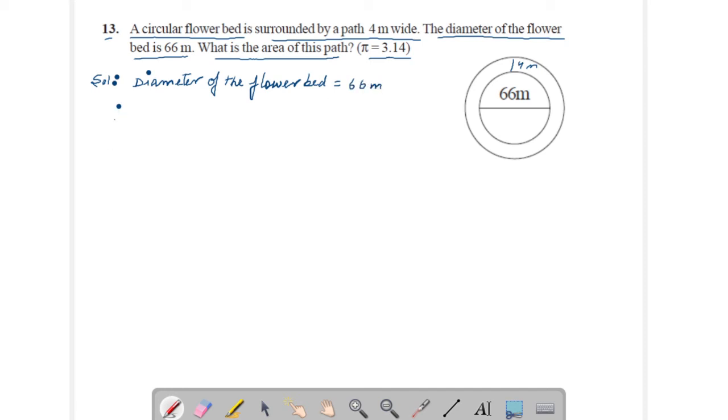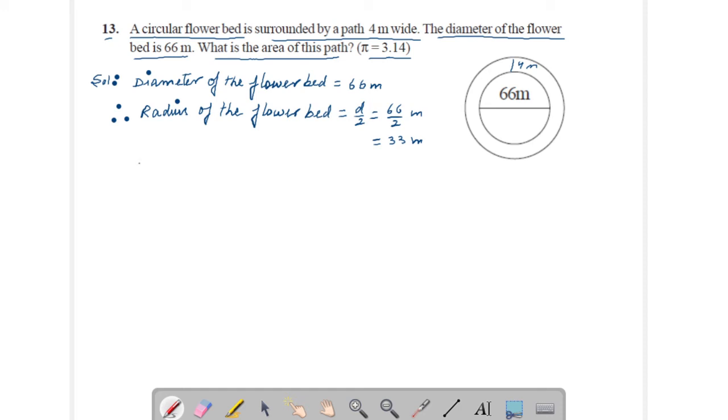Therefore, radius of the flower bed equal to half of diameter. Diameter is 66 upon 2 meter. Simplify this. We will get 33 meter.